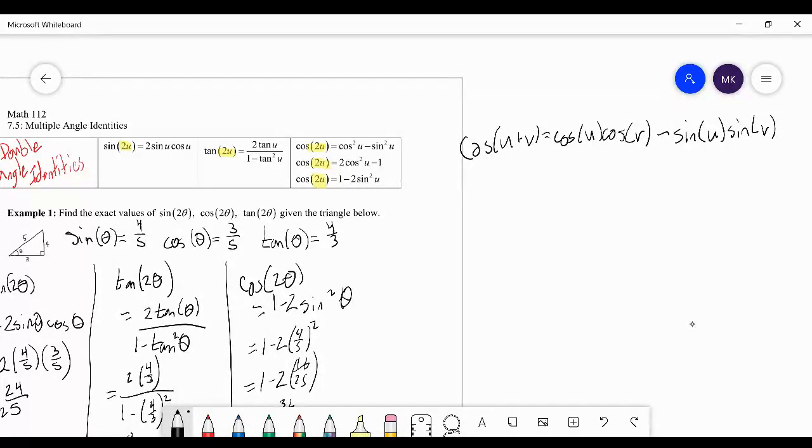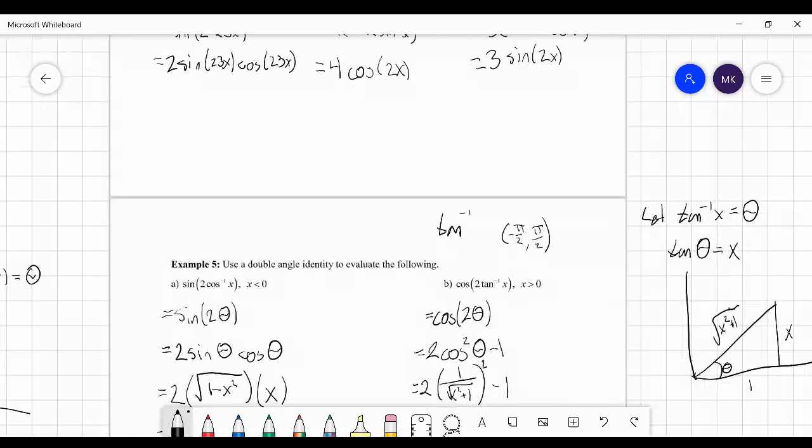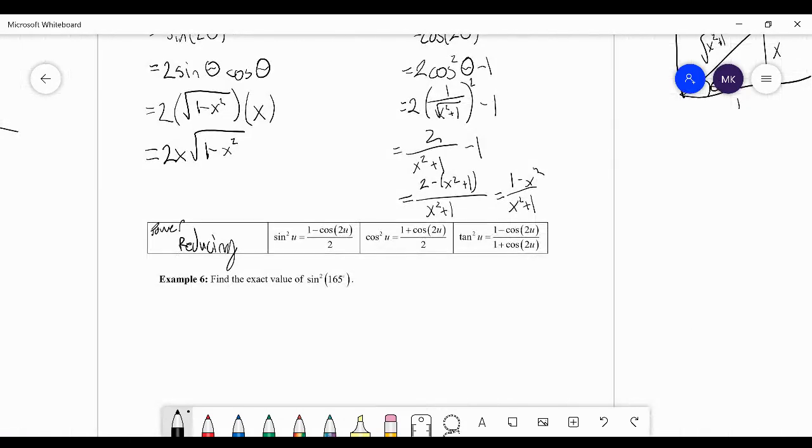If we solve this for sine squared, what we end up with is cosine of 2u minus 1 divided by negative 2. If we change the signs on those, we end up with 1 minus cosine of 2u over 2. And that's exactly what we end up with right here. That's all it is, just taking those and manipulating them.